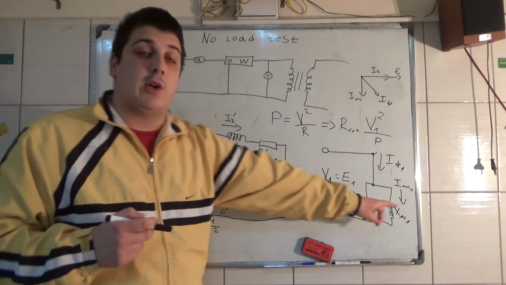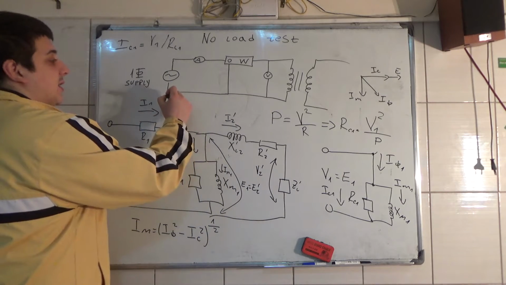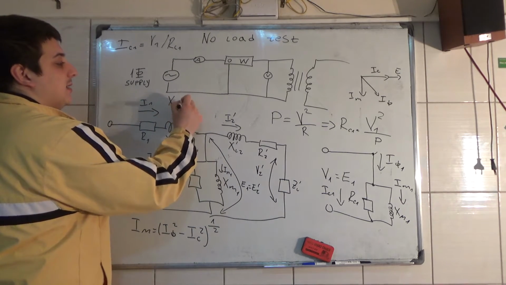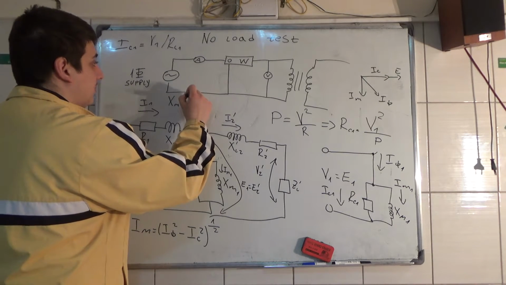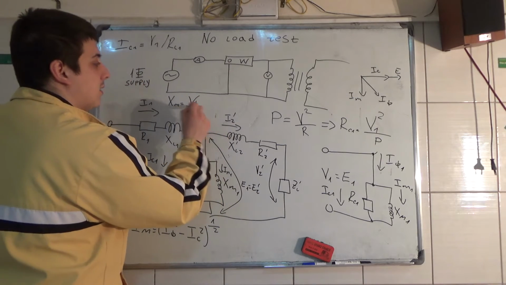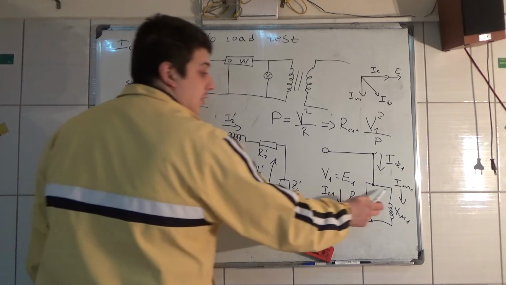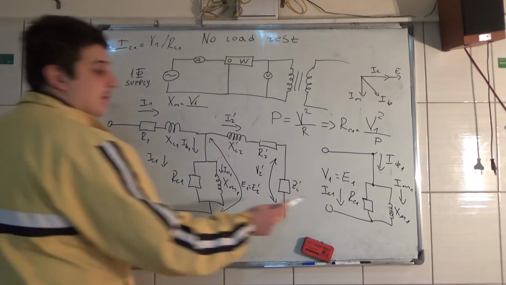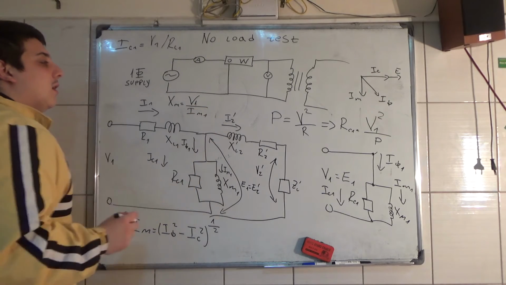And how do we calculate the magnetizing reactance? We do that by this formula: Xm is equal to the voltage on it, which is V1, divided by the current passing through this XM1, and that is IM1.